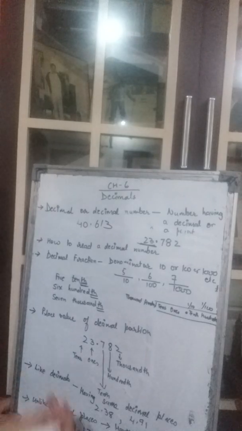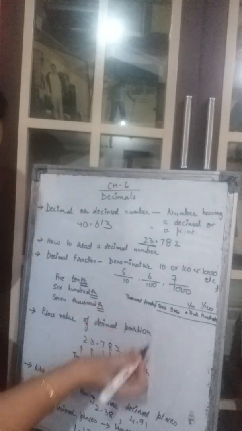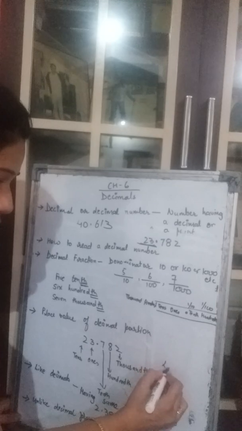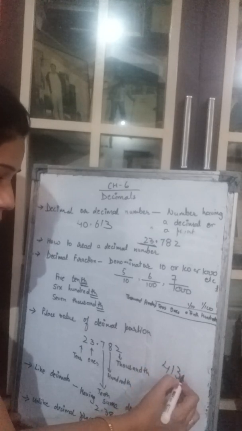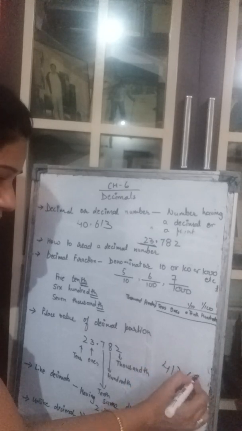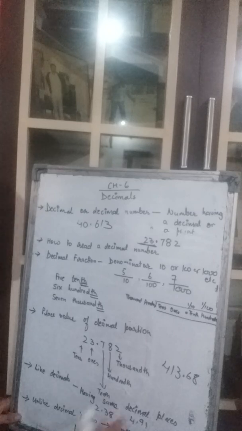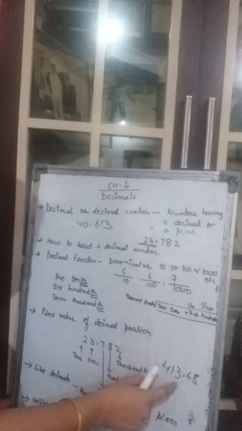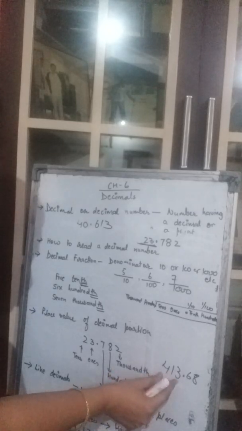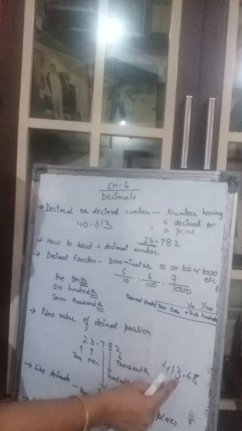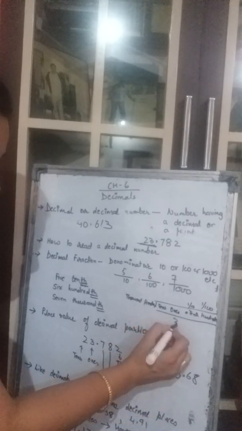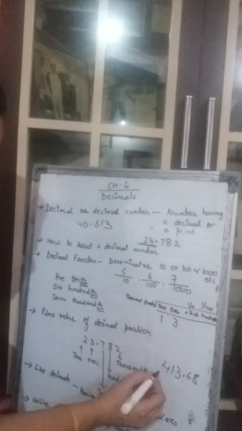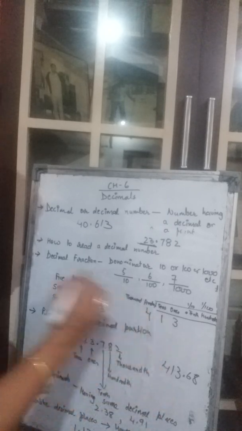Okay. Suppose any number is given to you. Suppose we take a number 413.68. How will we write it? This is a whole number. That means this is not a decimal portion on the left hand side. 413. So 3 will come under ones, 1 will come under tens, and 4 will come under 100.